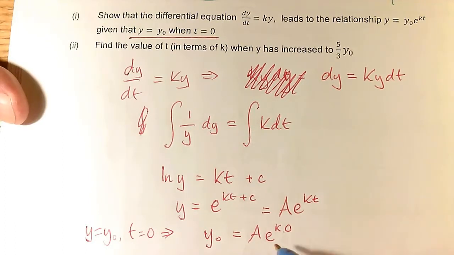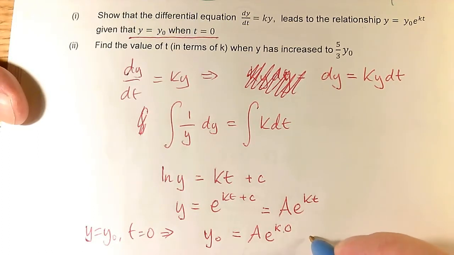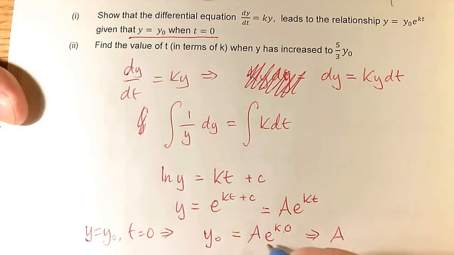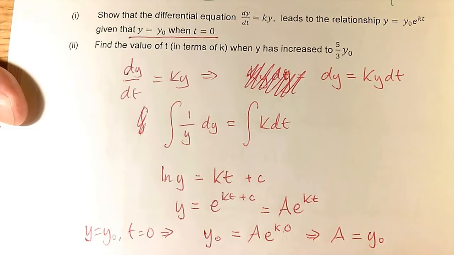Of course I don't know what k is, but I know that k times 0 is 0, and I know that e to the power of 0 is 1. So a times 1, which is a, equals y naught. So if I plug that back into my equation, then y equals, it was e to the kt, but now I'm changing a to y naught, so it's y naught e to the kt as required.